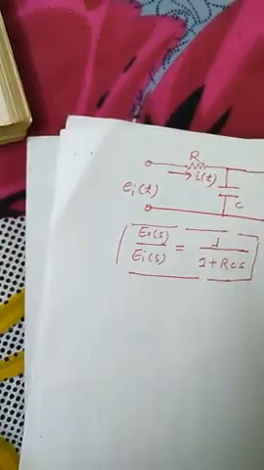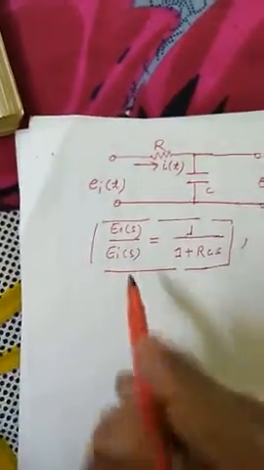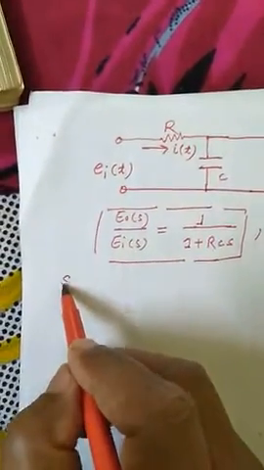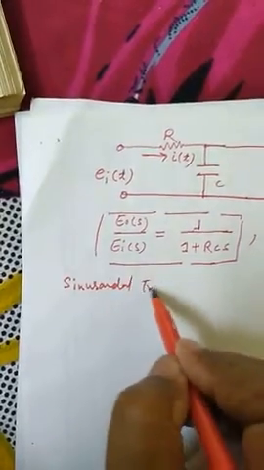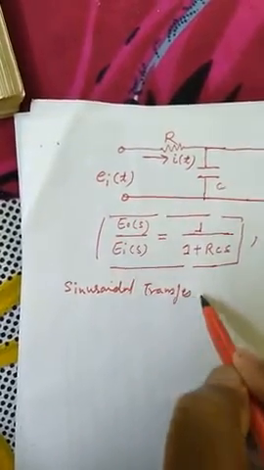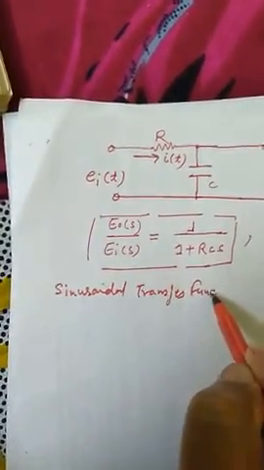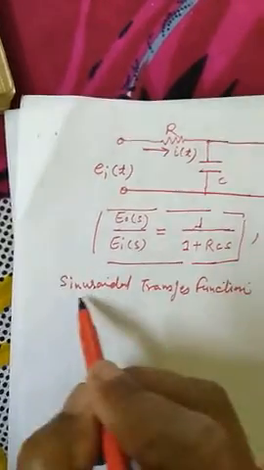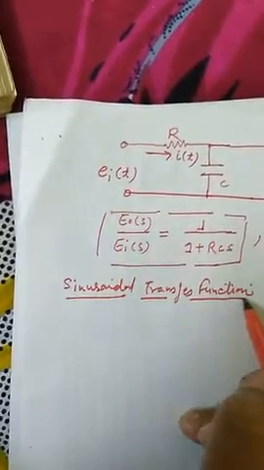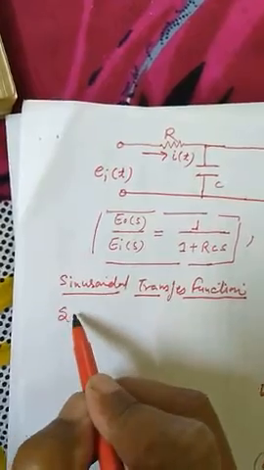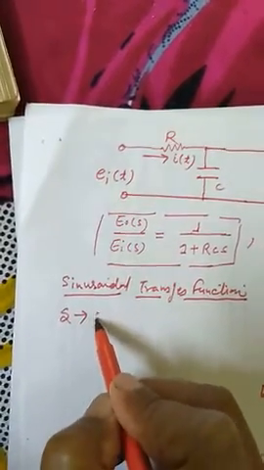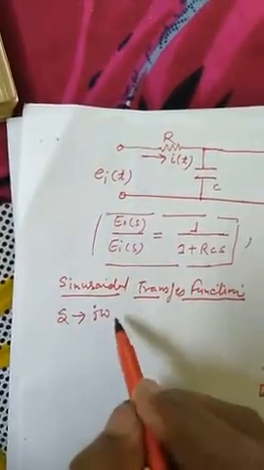One very important parameter is the sinusoidal transfer function. From a transfer function, the sinusoidal transfer function is obtained when we replace the Laplace operator s by j omega.